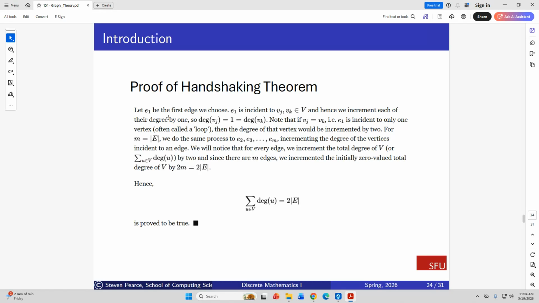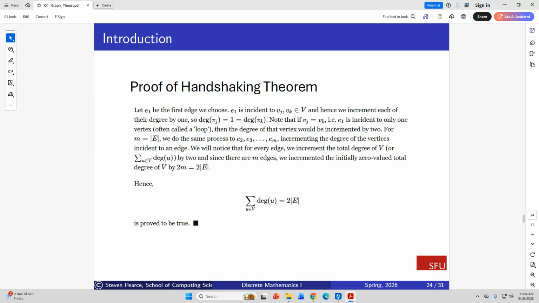So let e1 be the first edge we choose. e1 is incident to vj and vk, which are both part of the vertex set, and hence we increment each of their degrees by 1. So the degree of vj is 1, which equals the degree of vk, right? We have 2 nodes and we have 1 edge.